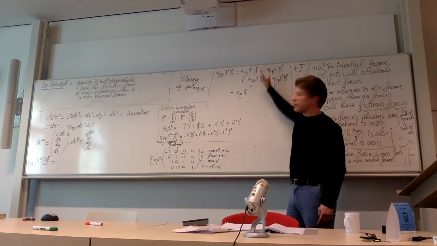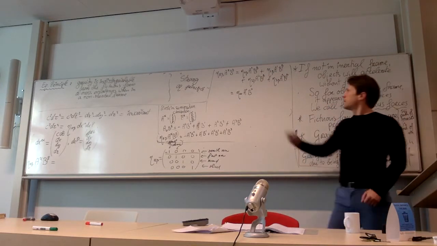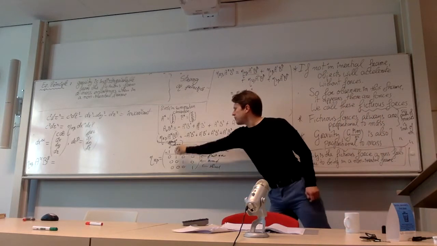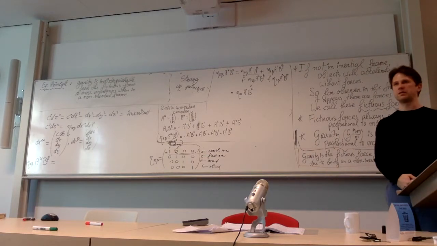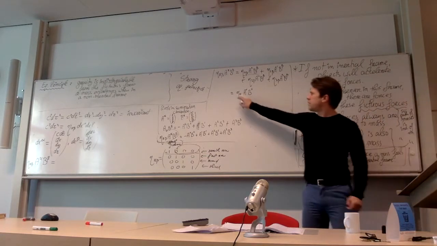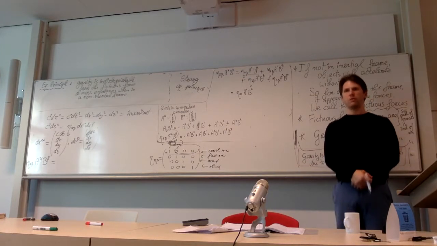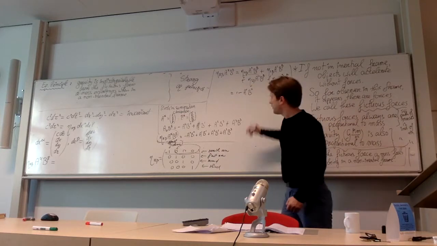And this beta also becomes 0. Agreed? So this is in principle 4 terms. It just happens that 3 of these 4 terms are 0. And I've only written down the one that matters. Question. What is the value of eta 0, 0? 0th row, 0th column. That's -1. Okay. That's this -1.